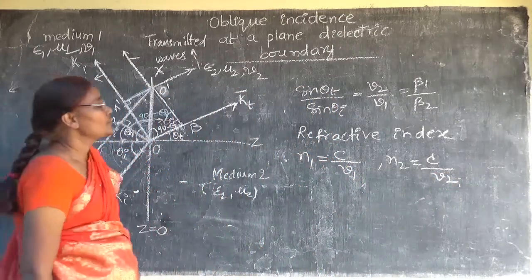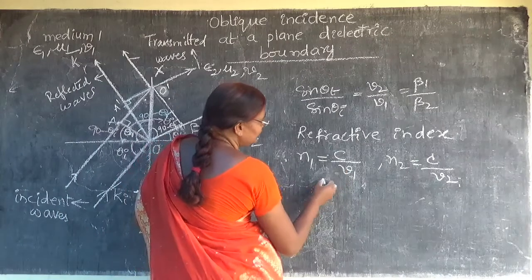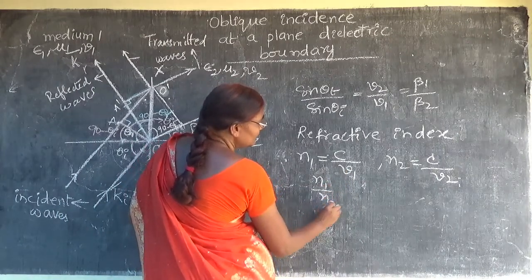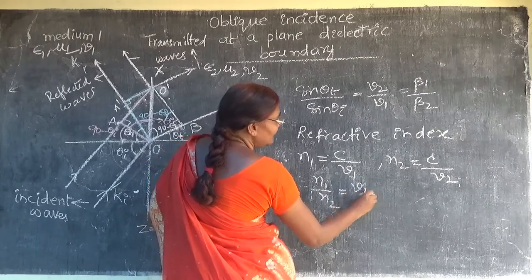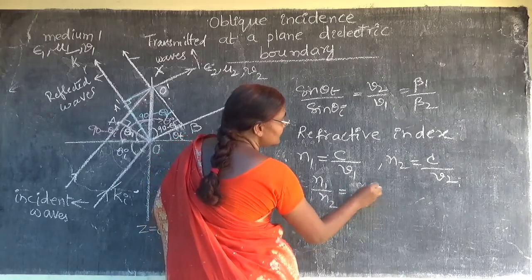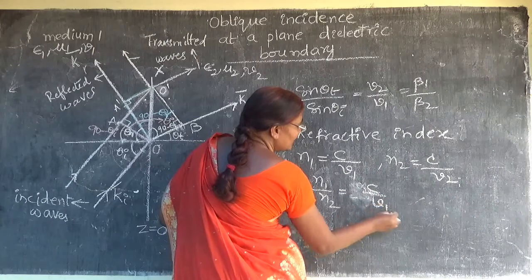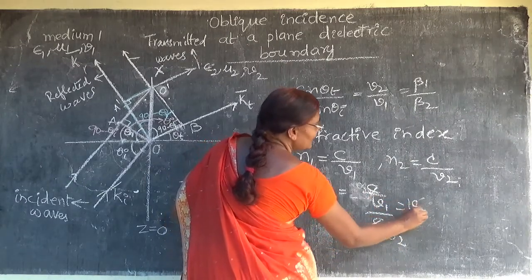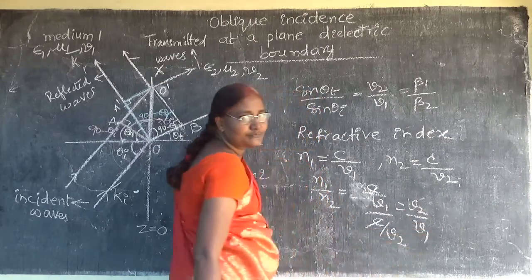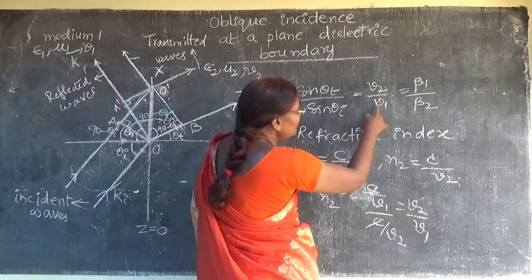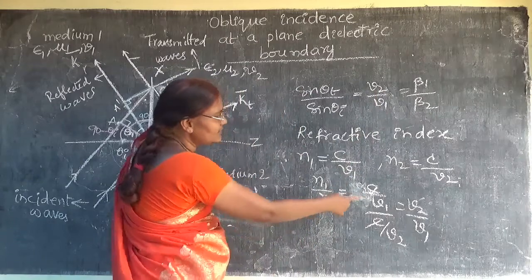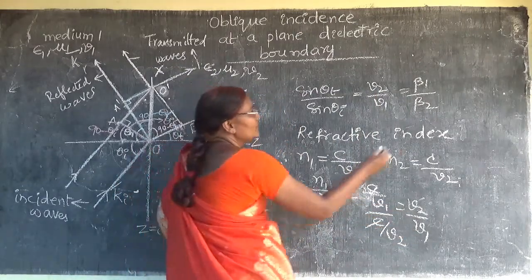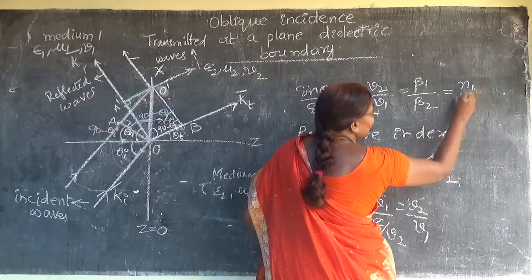Avuna kada? So what is my n1 by n2? Will be v2 by v1. Ante kada? c by v1 by c by v2. So this will be v2 by v1. So instead of v2 by v1, I can write n1 by n2.